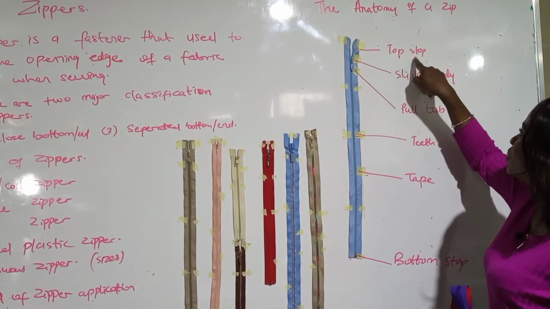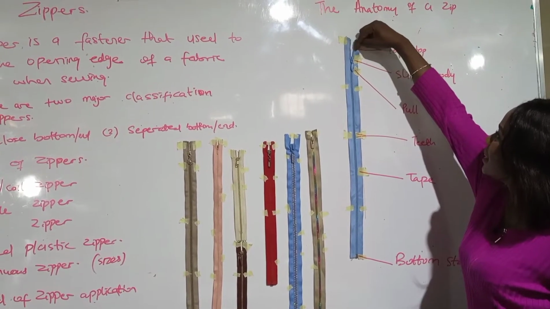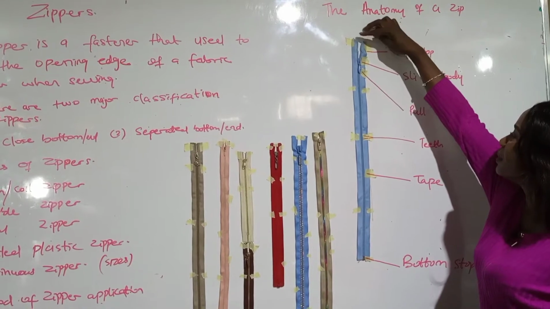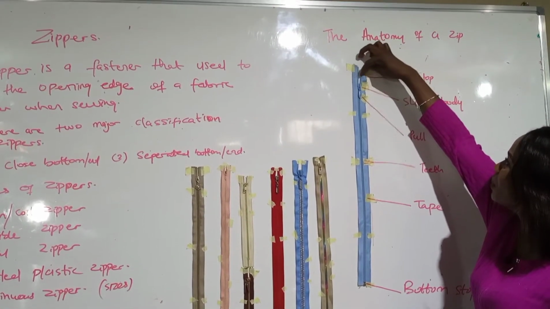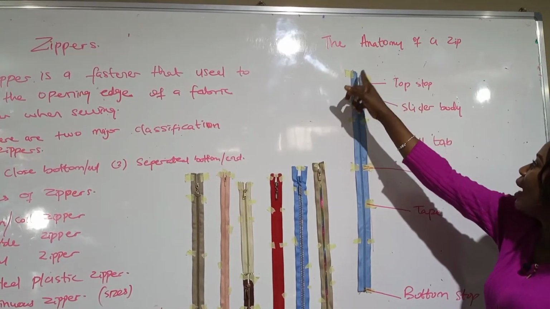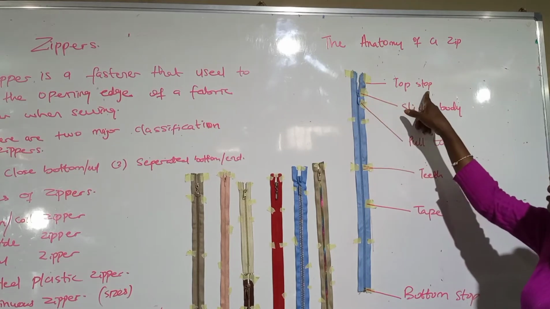That is the top stop. You can see it on both sides. There's a shiny silver metal. It can be gold depending on the type of zip. That small iron that is clipped at both ends of the zip teeth prevents it from falling off. Every zip has that. That is the top stop of the zip.